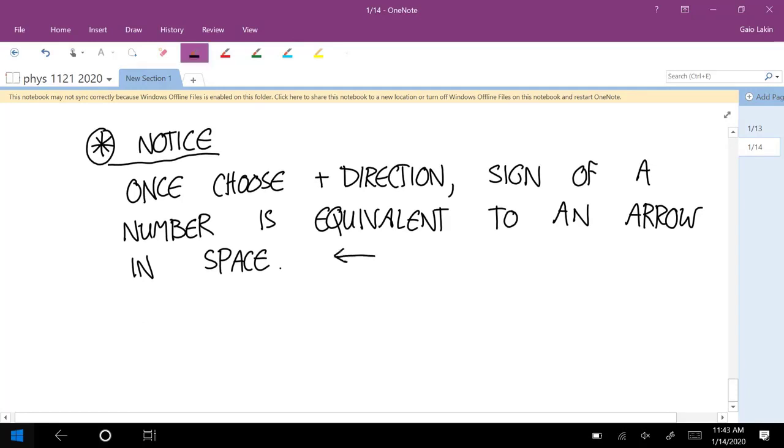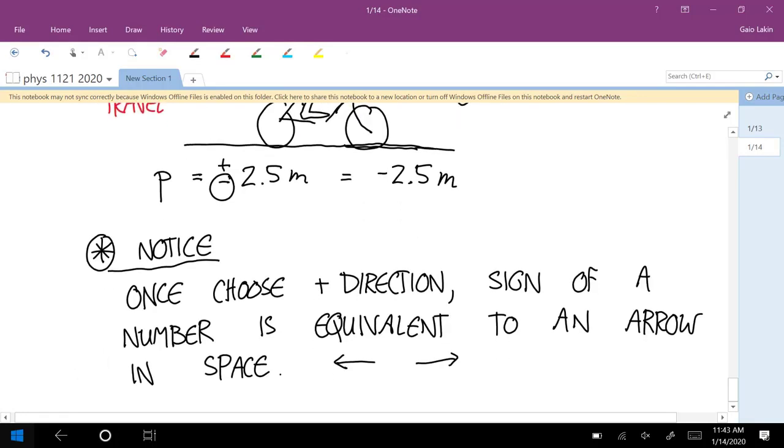So it's either that way along the line or that way along the line. And so you can always represent the direction in two ways. You can represent it by pointing an arrow in the direction of the value, or you can do it with the sign of the number.